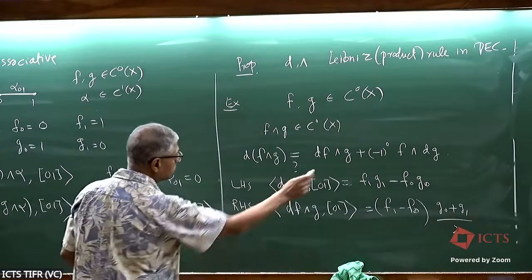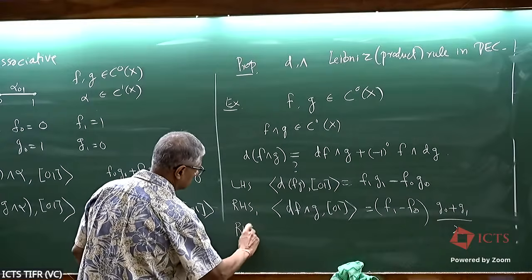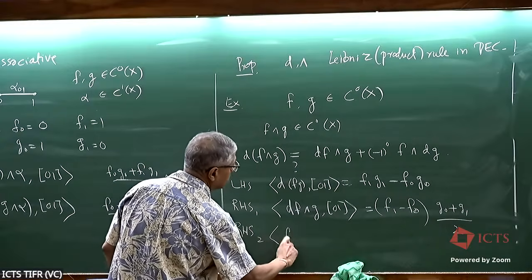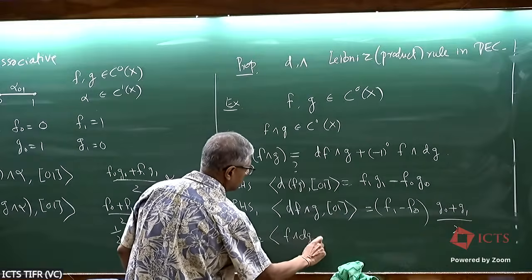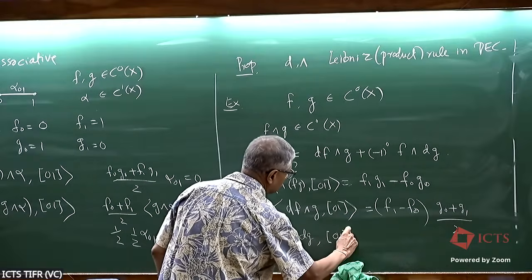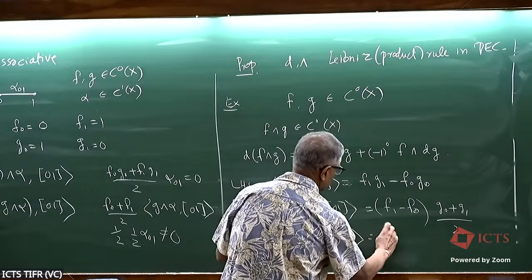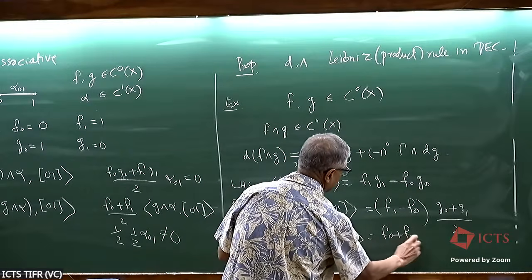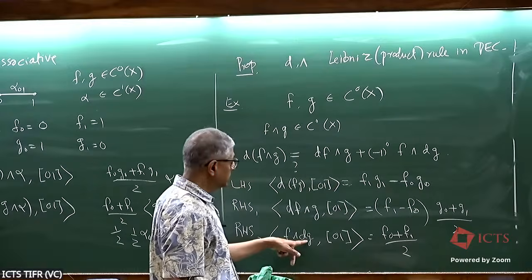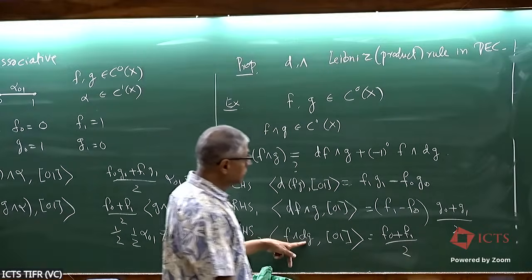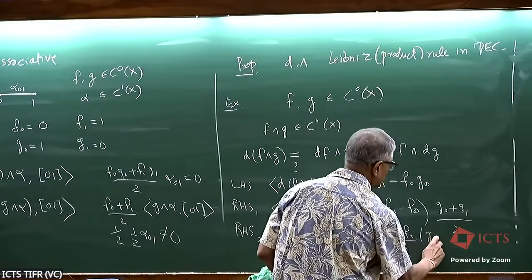And the second term on the right-hand side is f wedge d of g on 0, 1. So this is the average of f times the value of dg on 0, 1, which is g1 minus g0.